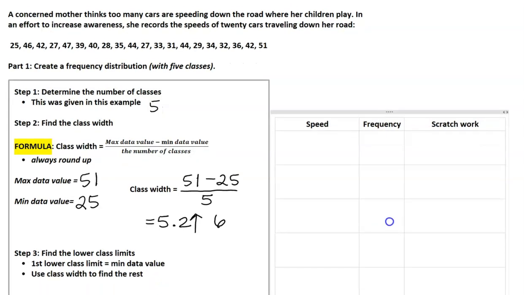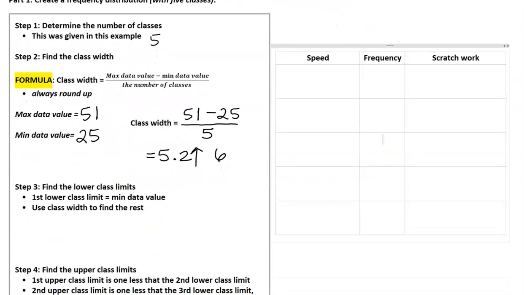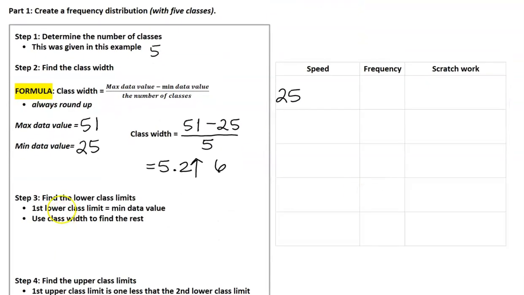For step 3, we are going to find the lower class limits. The first lower class limit is equal to the minimum data value. Remember, our smallest data value was 25, so that will be our first lower class limit. The rest of step 3 reads, use the class width to find the rest of the lower class limits.